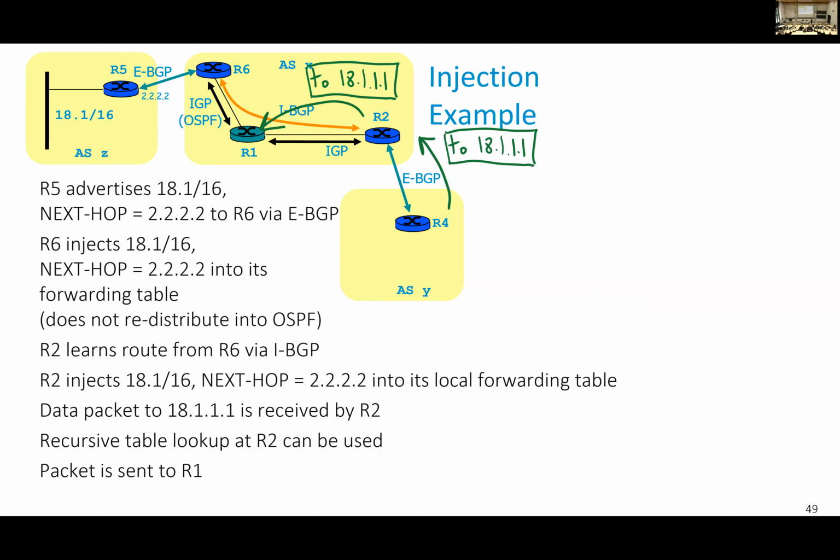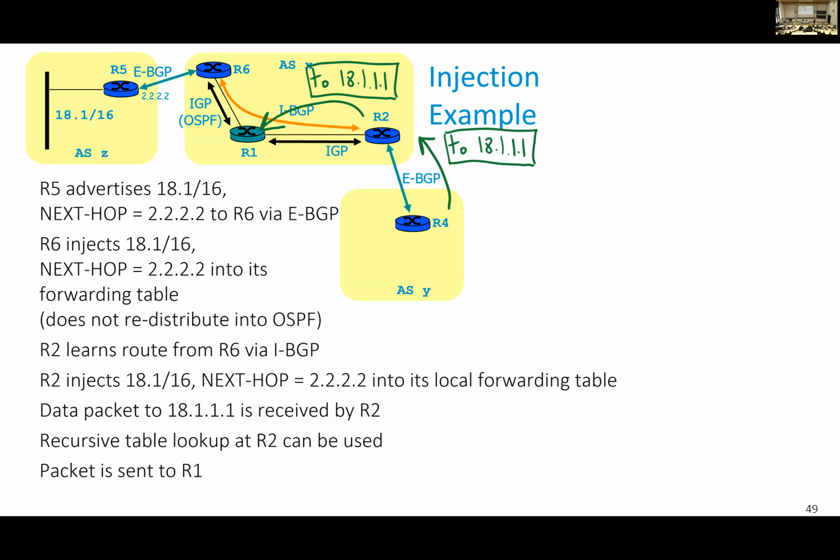The natural way is to do redistribution into the interior gateway protocol, like OSPF. But very often this is not done because it makes OSPF very big. As we will see later, there are close to 1 million IPv4 prefixes in a backbone internet router, and most of those prefixes are not internal, so that makes OSPF very heavy.